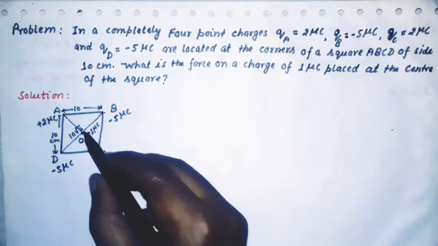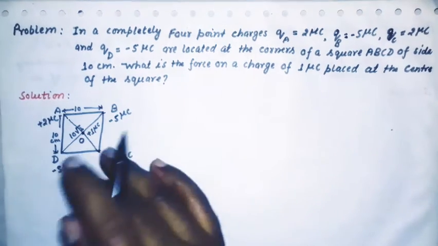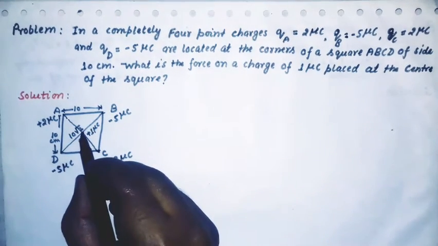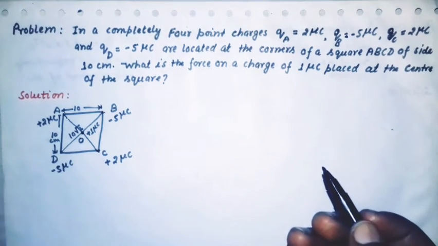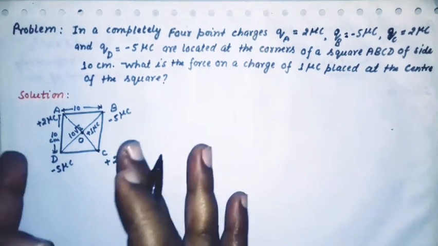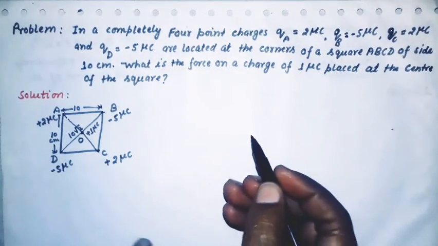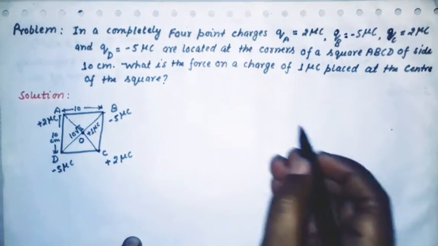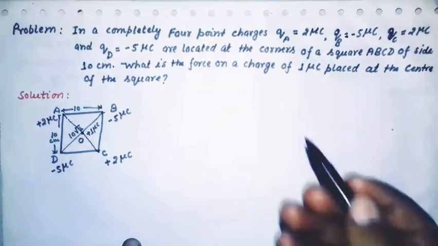So the net force on the center will be 0. There is no need to solve this problem. This is a conceptual problem and we can write an explanation directly. At the center, the net force is 0.